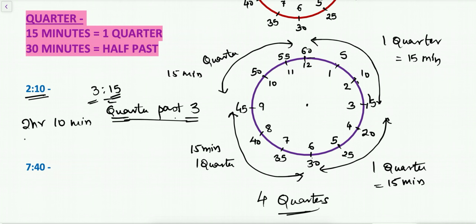In the past format, from 12 to 6 it will be past, and from 6 to 12 we are moving to. That means if the minute hand moves further here, it is past that hour, and after 6 the needle will be moving towards the next hour, so it will be 'to'. And 30 will be, that is, 6 will be the half past.